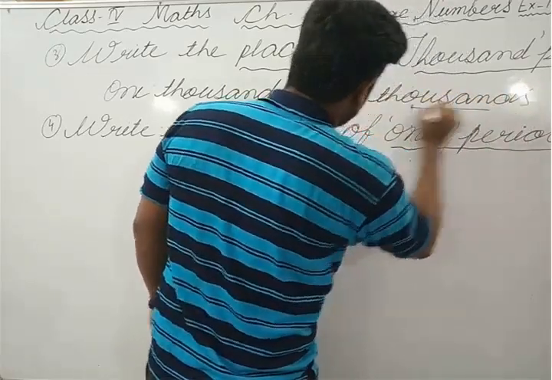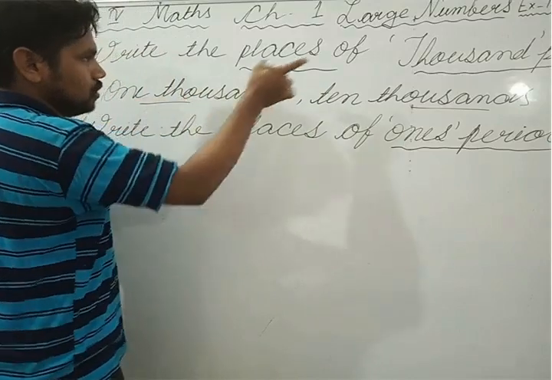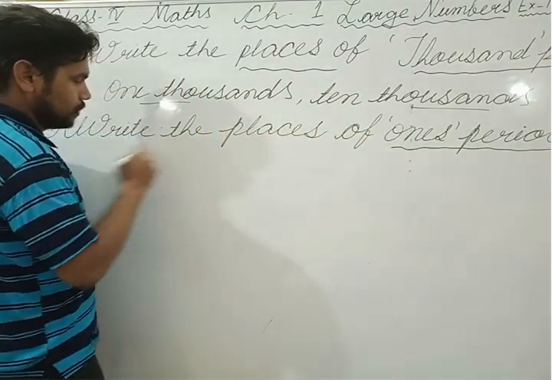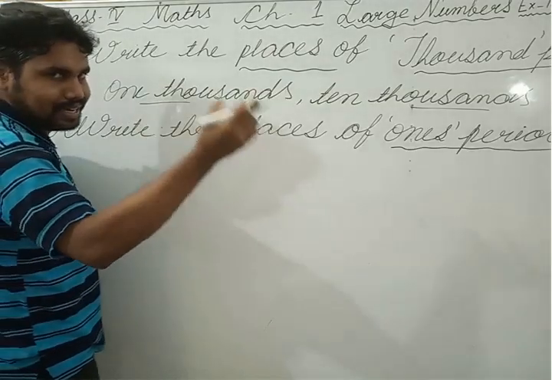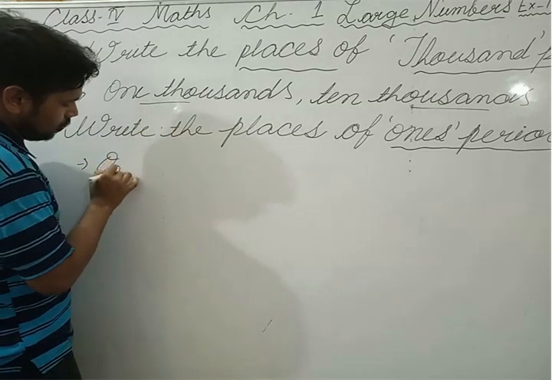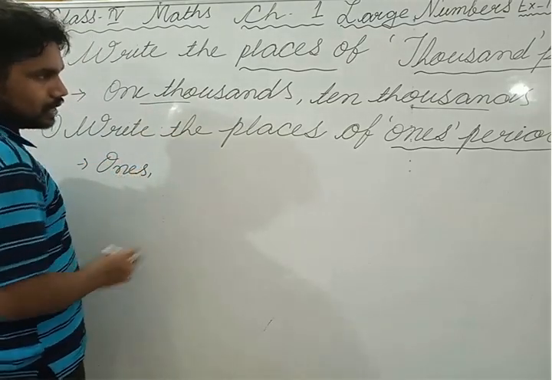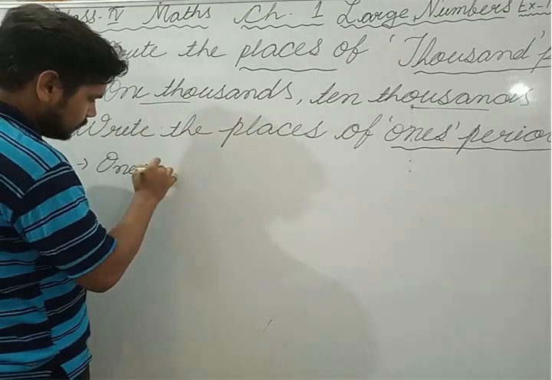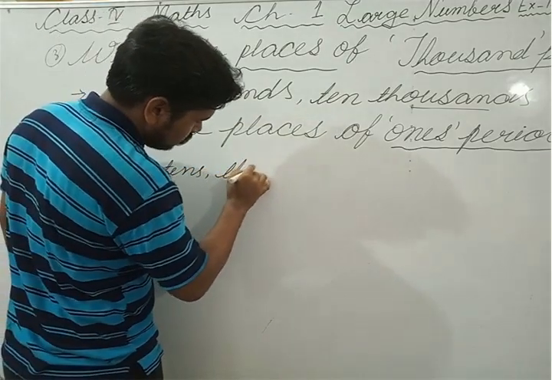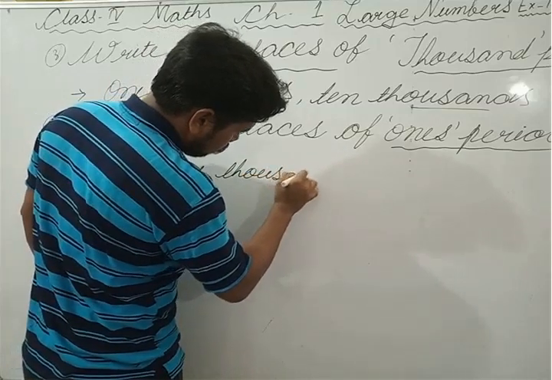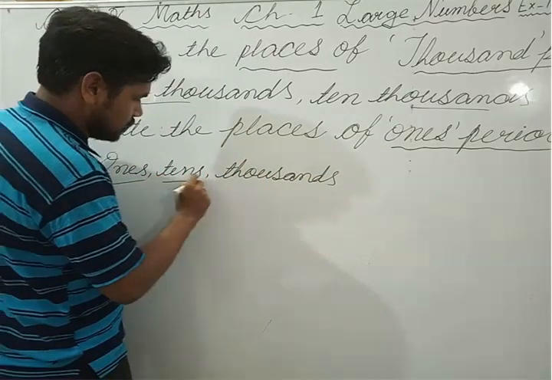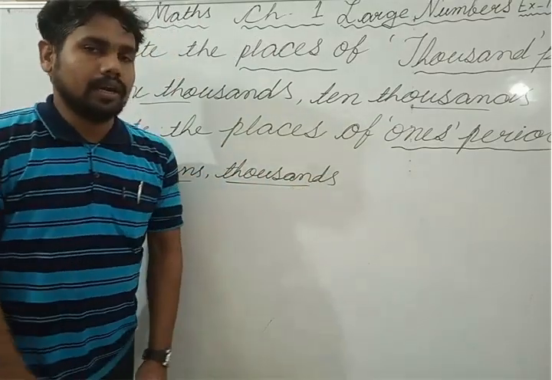These are the two places in the thousands period, but in the ones period we have ones, tens, then hundreds. These are the three places in the ones period.